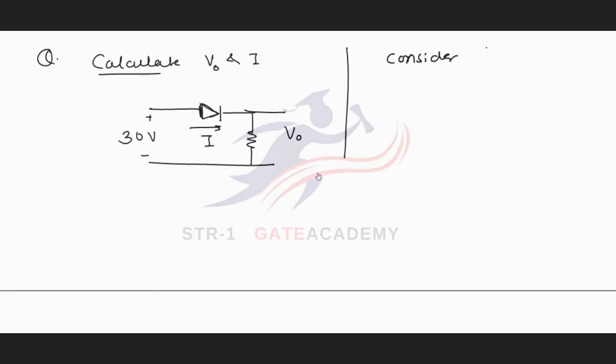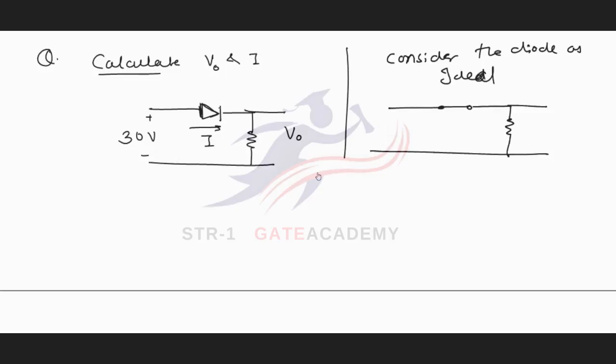Considering the diode as ideal, it will be replaced with a short circuit when it is operating in forward bias. In the circuit, it is clearly seen that this diode is forward biased, so it will be replaced with a short circuit, and this resistance is 1 kilo ohm.